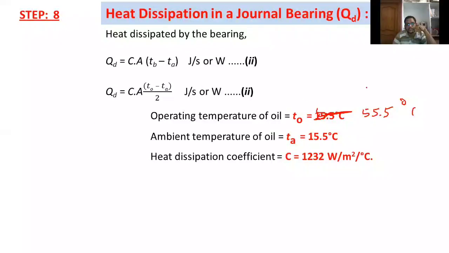These three values are given in the question. So by substituting these three values, you can get the amount of heat dissipated.